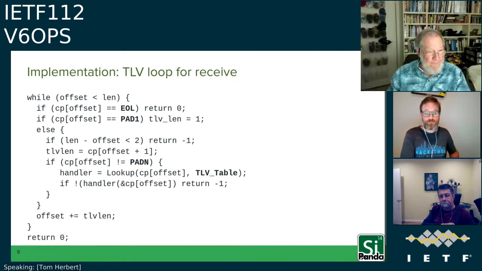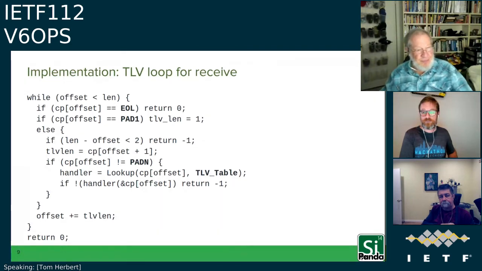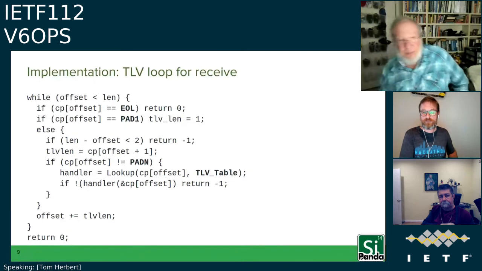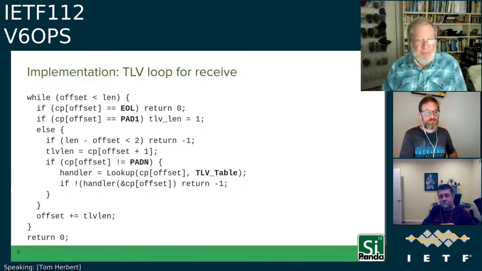But presuming that we don't want to do that, this is kind of what the canonical loop that implements TLVs would look like. In this case, we assume that this is the standard 2-byte TLV header. The first byte is the type, the second byte is the data length. So we look at the first byte.